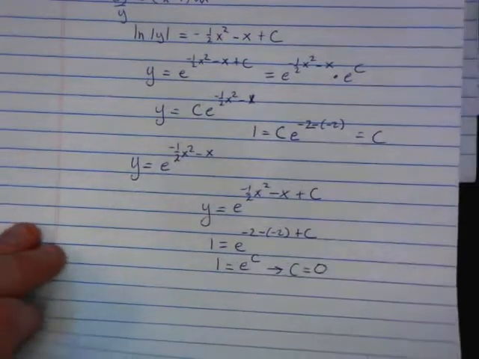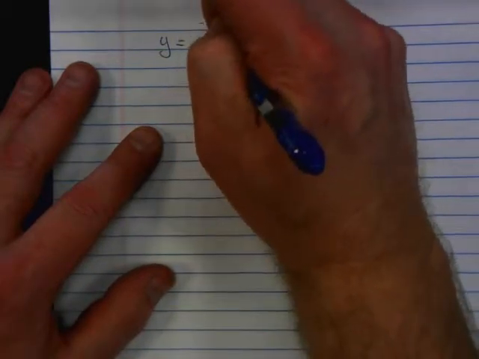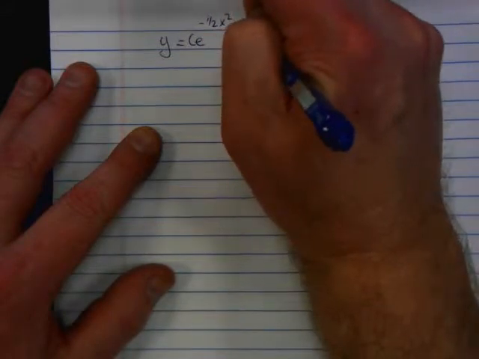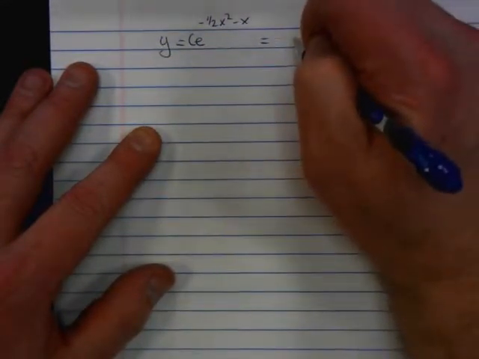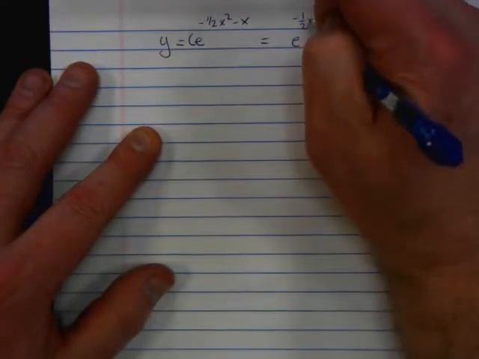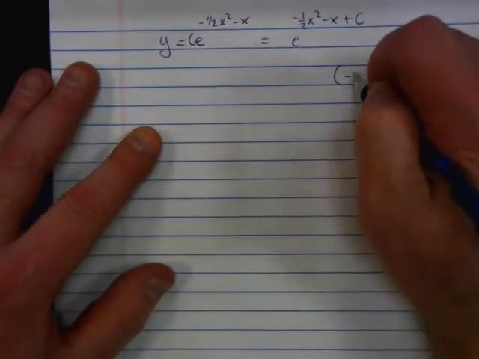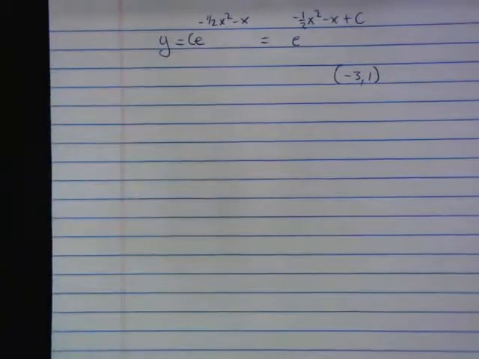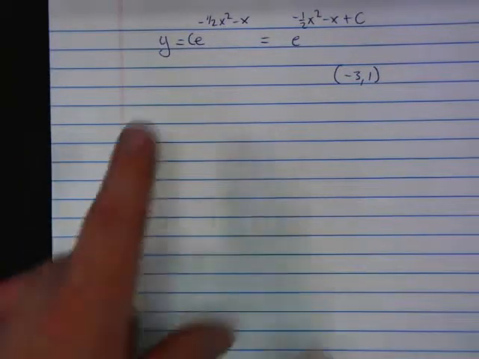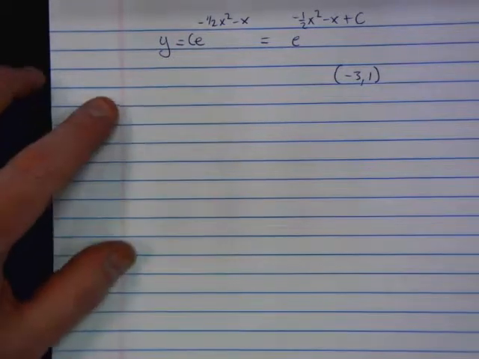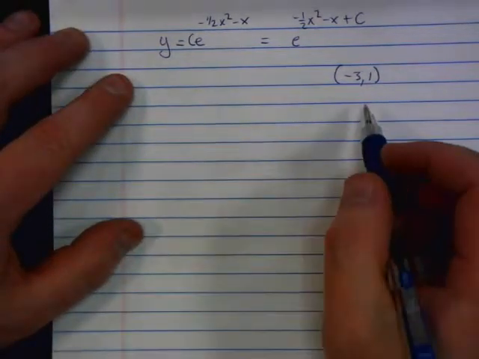So we had y equals, our solution was y equals c times e to the -1/2 x squared minus x, or it was e to the -1/2 x squared minus x plus c. And you want to start with a different initial condition like -3 comma 1. And does it matter which form I write it in? Will I still get the same answer? I don't know. No, I do know, but we'll work it out anyway.